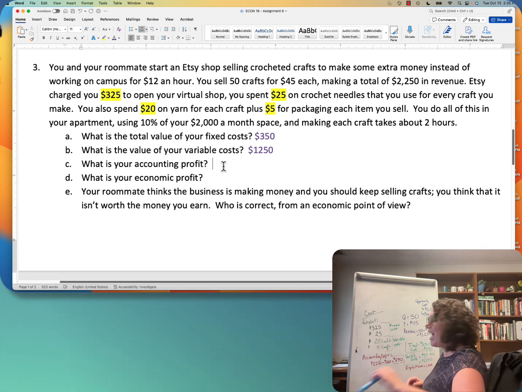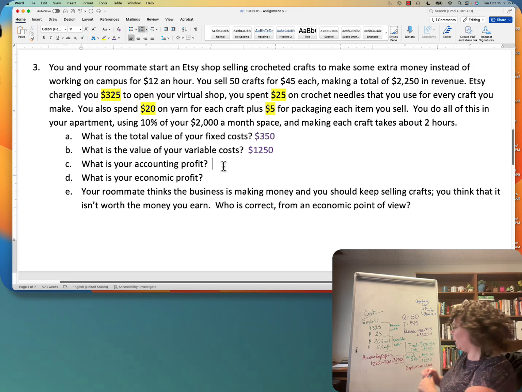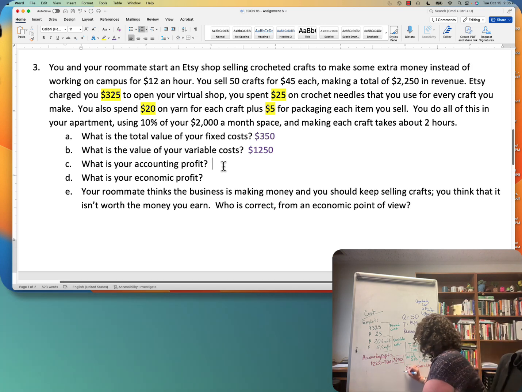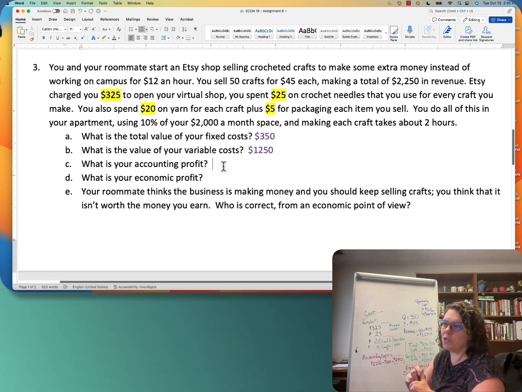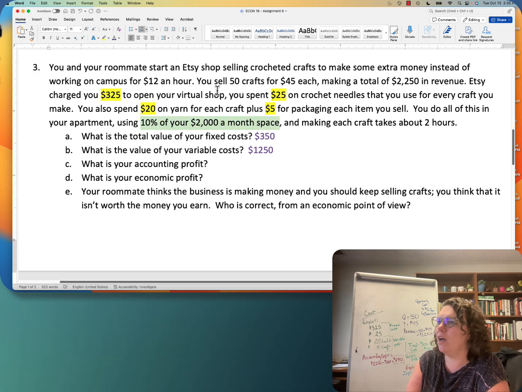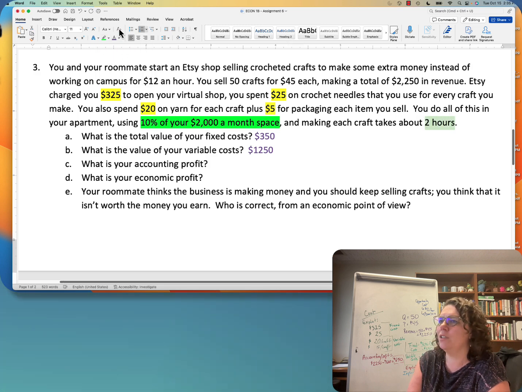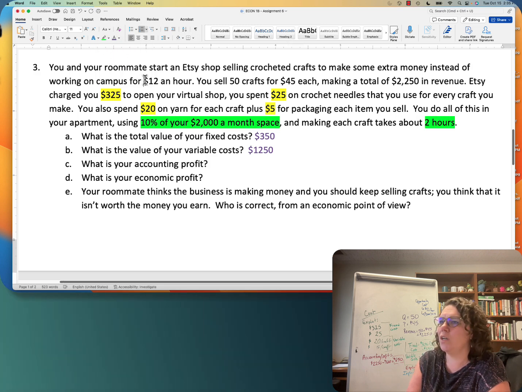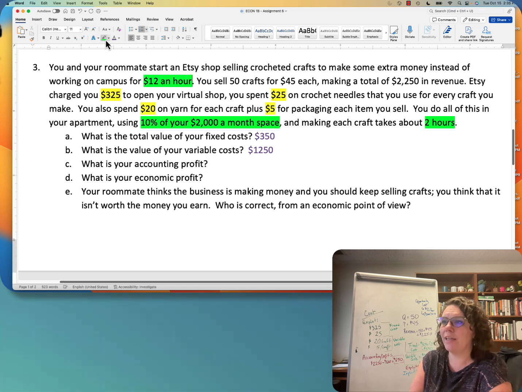So if we want to calculate the implicit costs, we want to remember that implicit costs are also our opportunity costs. So those are going to be 10% of our apartment and 2 hours at $12 an hour for our labor.